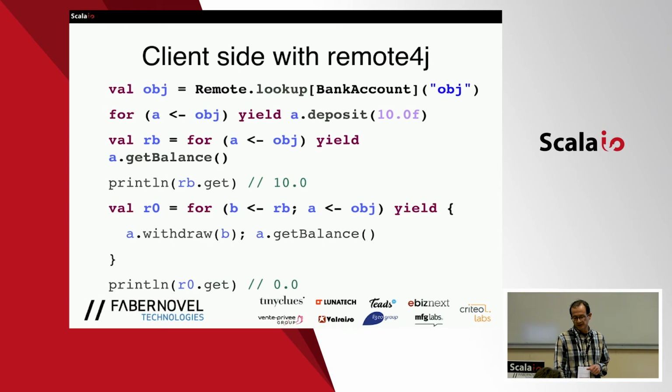You will give it in your for comprehension along with the former remote object, and RB is a remote reference to your value B, and you withdraw this value from the bank account A with this function call, and I have added the balance as a return value to the for comprehension.